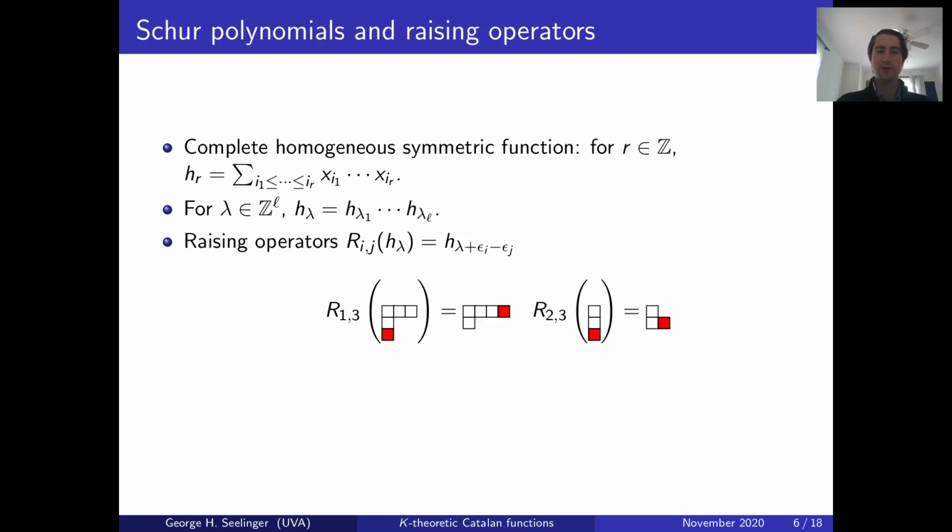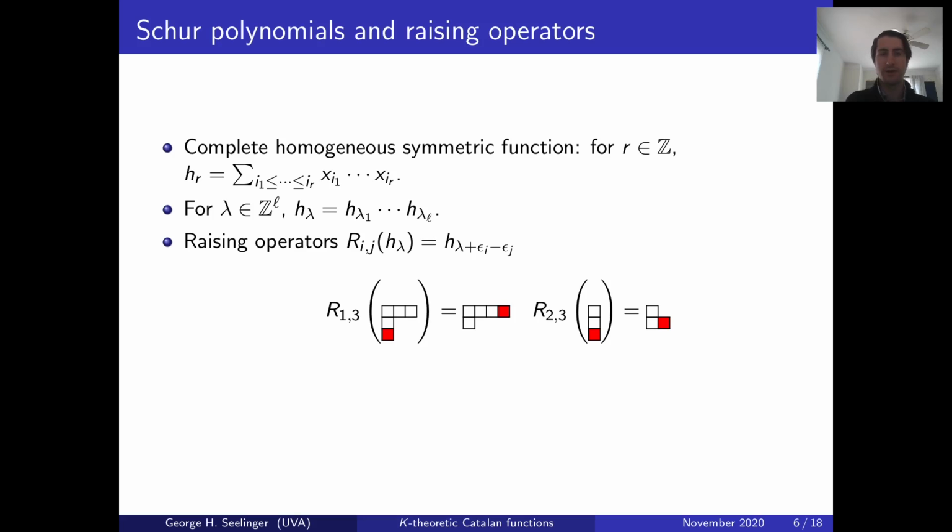Then we can act on them with this tool called a raising operator. A raising operator will, if you think about the h's as indexed by these integer vectors, simply subtract 1 from the jth coordinate and add 1 to the ith coordinate. Often people like to represent in combinatorics these integer vectors as Ferrers diagrams, where you put a number of boxes in each row to represent the number in the vector.